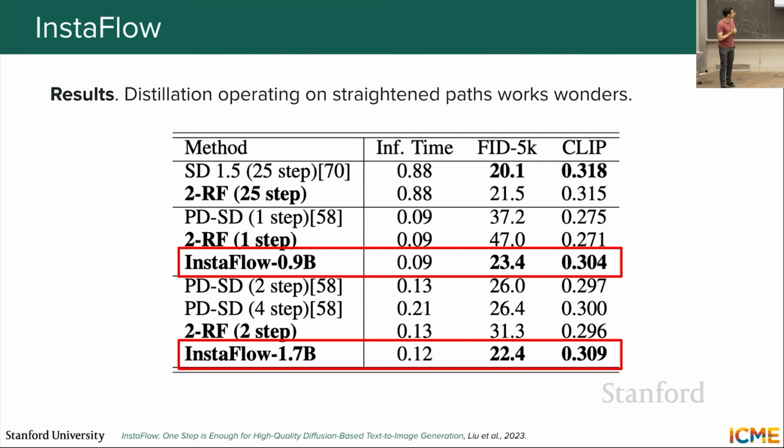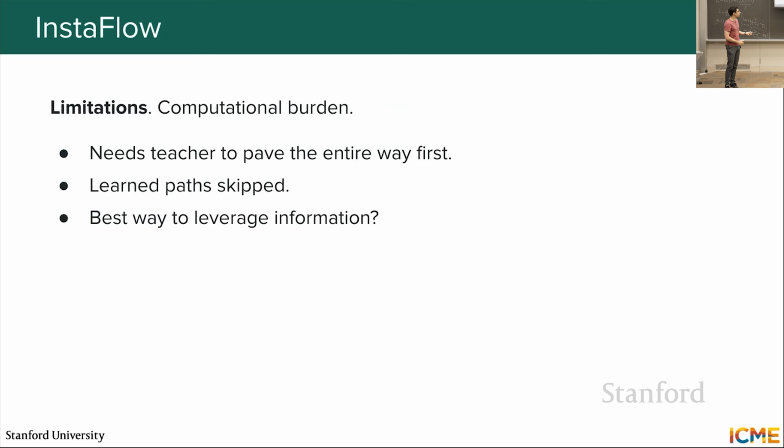And in terms of results, you see that adding this additional distillation step is better than just doing a reflow and having a single step. So it's InstaFlow 0.9B versus the line just above that shows that.